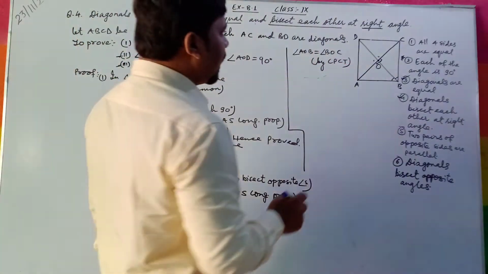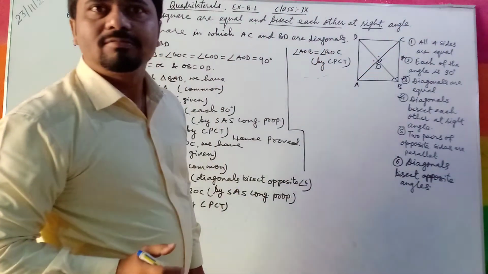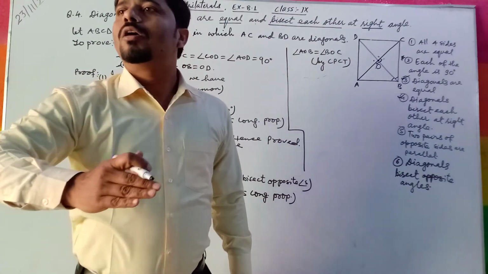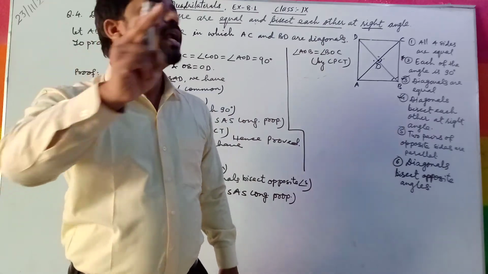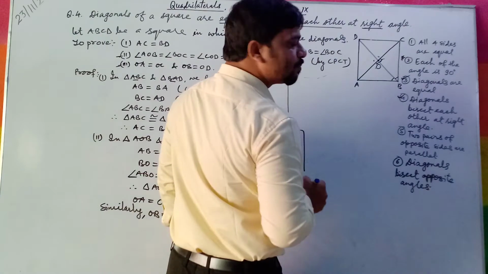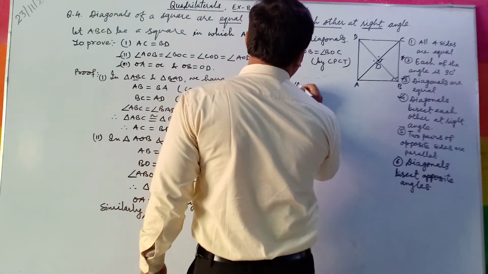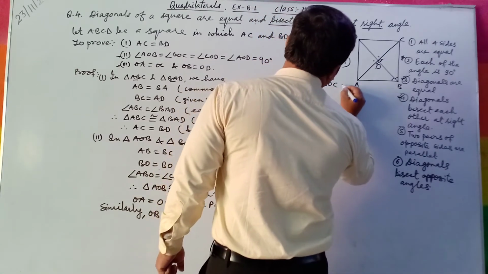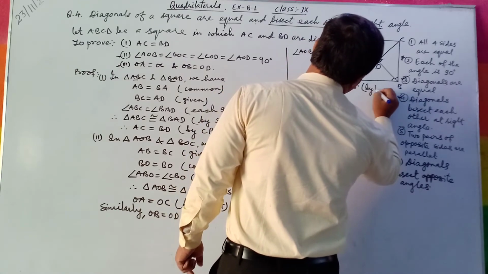Yes. And these two angles are on the same straight line. And we know that the angles on one side of a straight line sum to 180 degrees, and these two angles are adjacent angles because this side is common. So angle AOB plus angle BOC equal to 180 degrees, and we will write by linear pair.